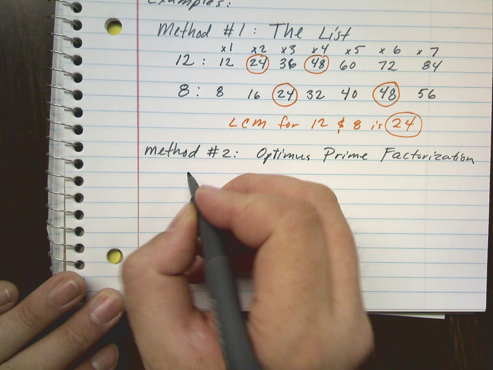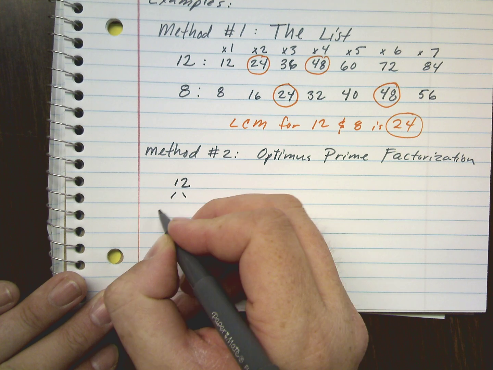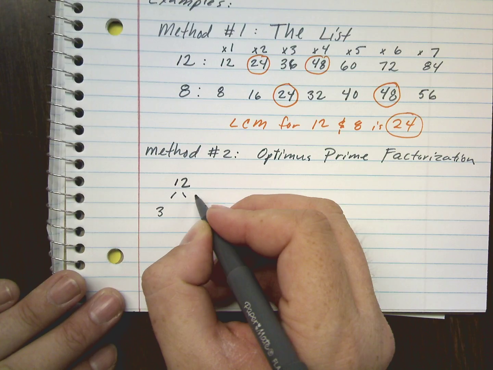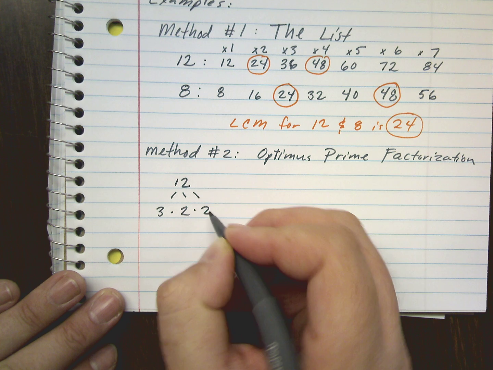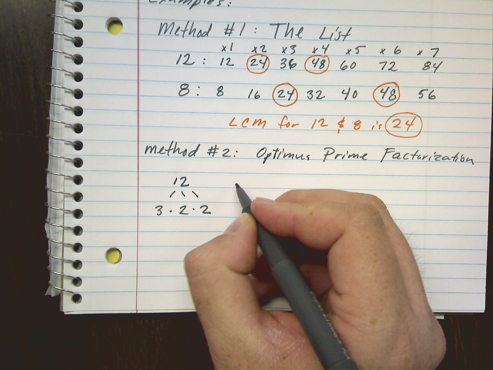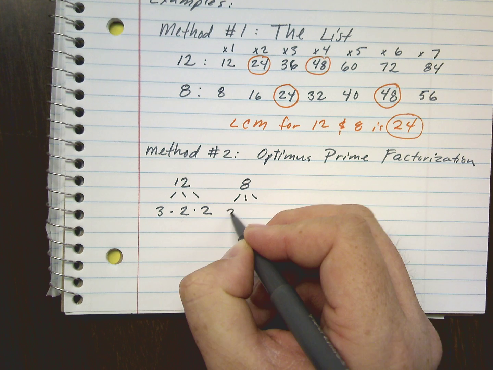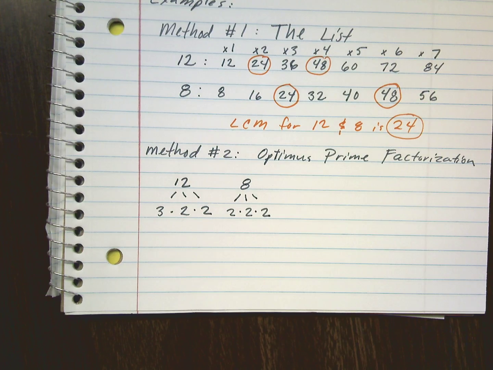So let's start with 12 right here. 12 is the same thing as 3 times 2 times 2 when I prime factor it down. And with 8, when I prime factor 8, it's going to be 2 times 2 times 2. Now, here's how this method works.